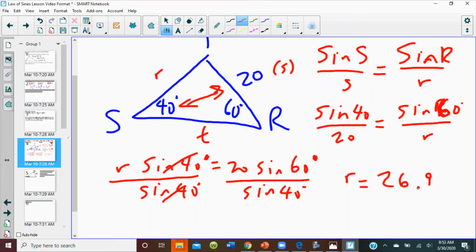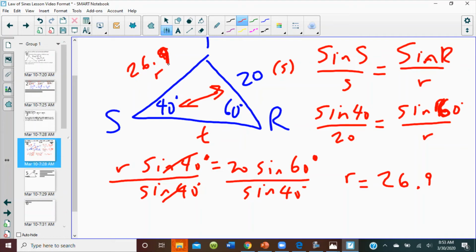Now, whenever we do problems, we want to ask ourselves, does the answer make sense? Well, let's take a look. We know in this case that the angle measure of 60 is greater than 40. Therefore, it makes sense that we are going to have a side bigger than 20, because the larger angle is opposite the larger side and the smaller angle is opposite the smaller side.